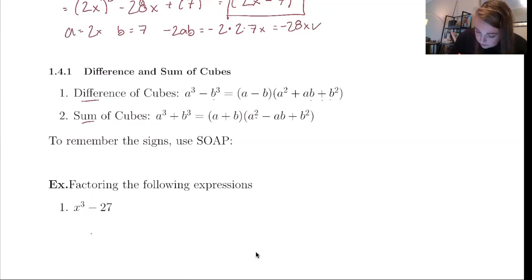You just need to remember the signs, right? So it's going to be the same sign, so there's a plus sign, and then it's going to be the opposite sign, and then it's always going to be positive.